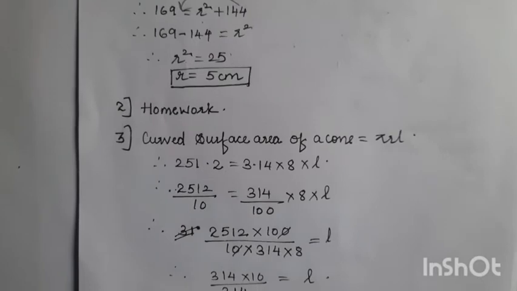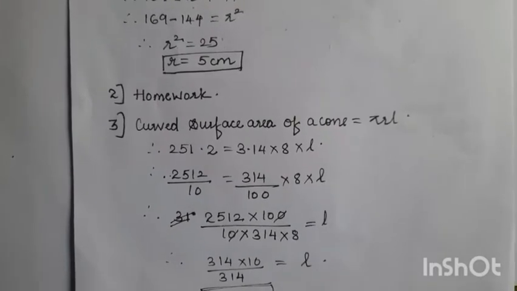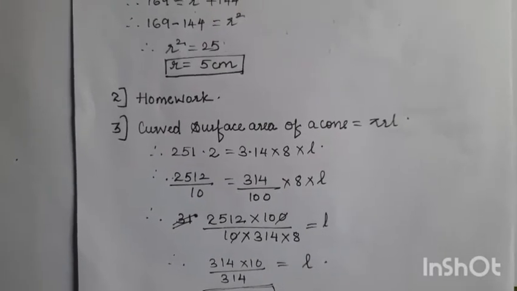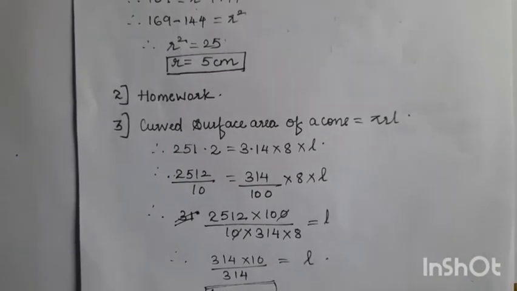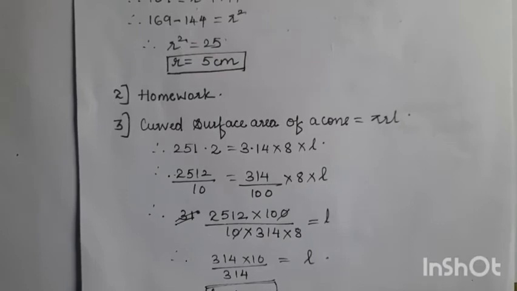Third one, curved surface area of a cone is 251.2 centimeters square. The curved surface area of a cone is given to us. Radius is 8 centimeter. Find the slant height and the perpendicular height. From the given we have to find the slant height and then the perpendicular height.